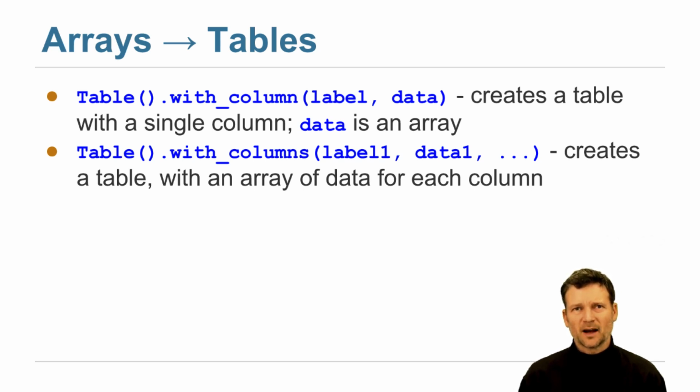You pass to the with_column method a label, the name of that column, and an array with the data for that column. If you want to create a table with multiple columns, and you have all the data in arrays, one array for each column, then you can create such a table with the with_columns method. That's how you can create a table.